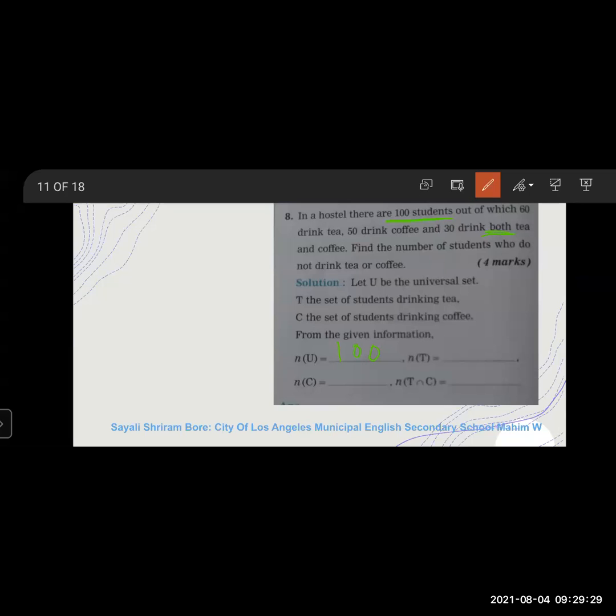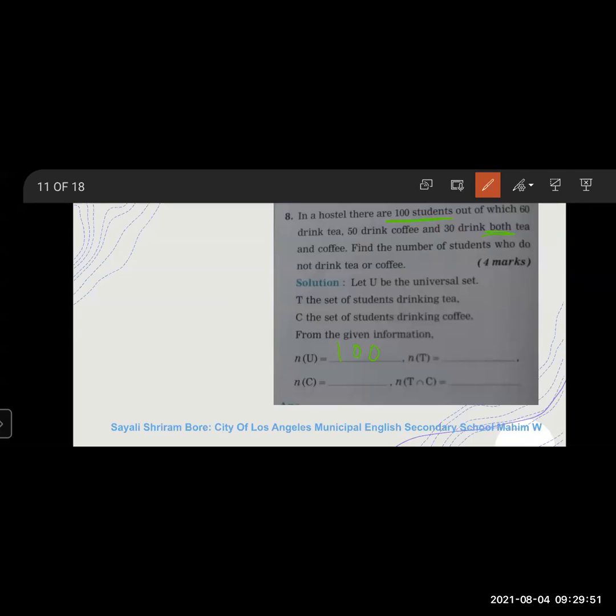Most of the remaining 80% examples are of a similar type, so that you can refer to them and solve the exercise sums. This is how you can make yourself perfect in mathematics.